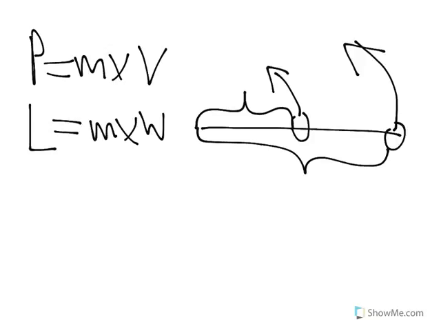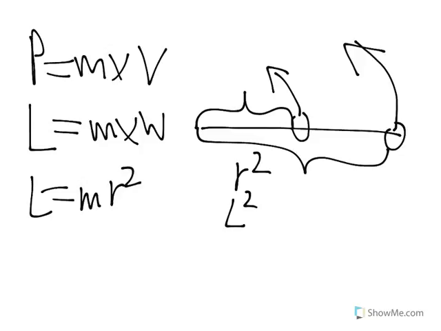So we need to take distance into account somehow. For our purposes, that distance is radius squared, or length squared. So angular momentum equals mass times radius squared times angular velocity.